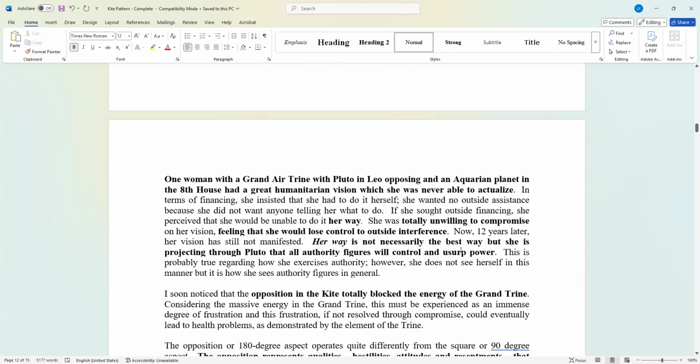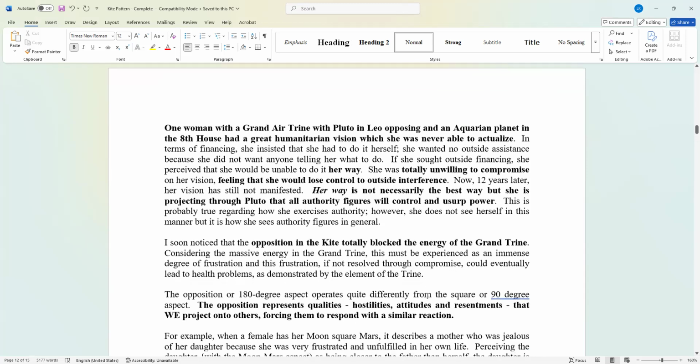Her way was not necessarily the best way, but she is projecting through Pluto that all authority figures will control or usurp your power. And that is a good interpretation of a Pluto opposition in a kite pattern.